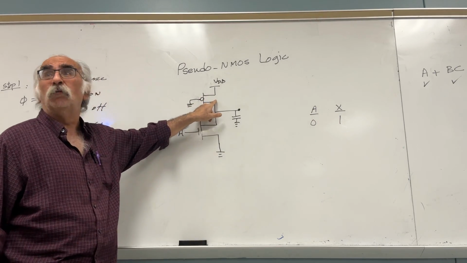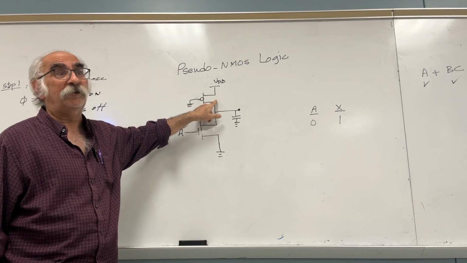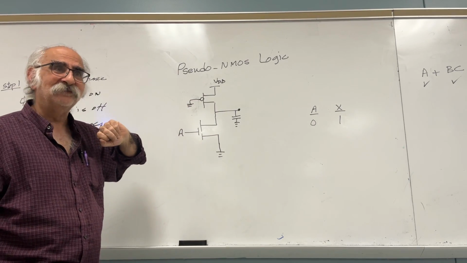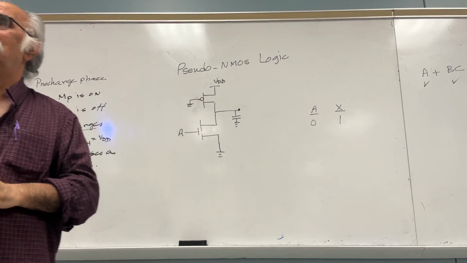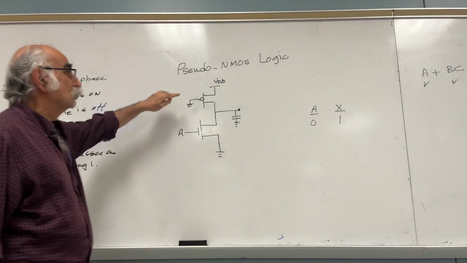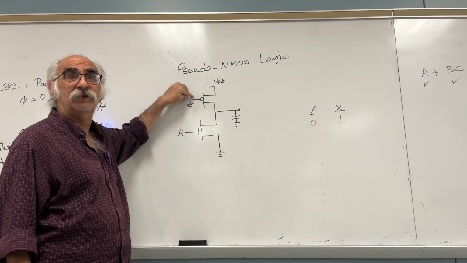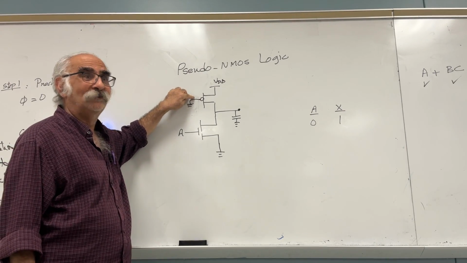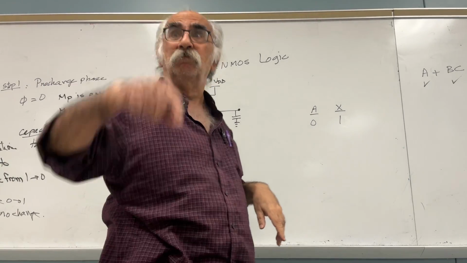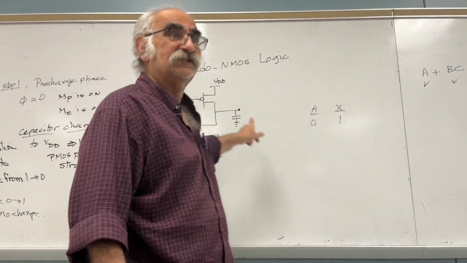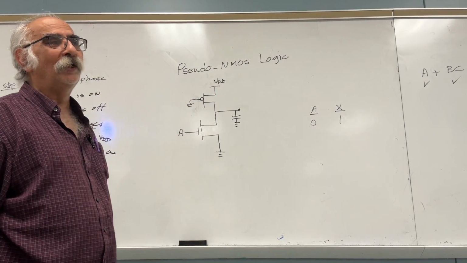By the way, is it always working? Yes, it's always working. Which mode? Look, this is the source, VDD. The gate is 0. Which mode? Always saturation mode. Did you get it or not?